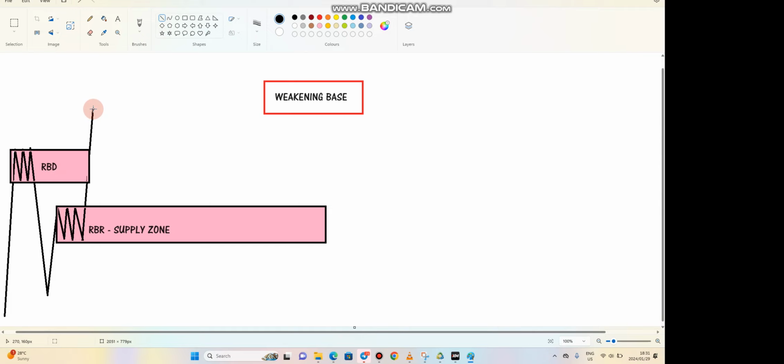Most of the time in such instances, this is what we can expect when price comes back: that price will actually buy around that rally base rally.